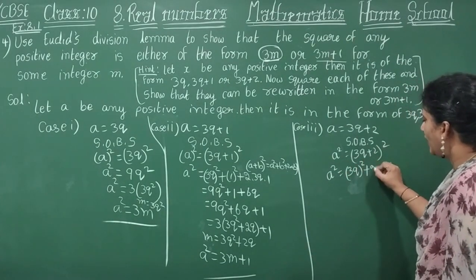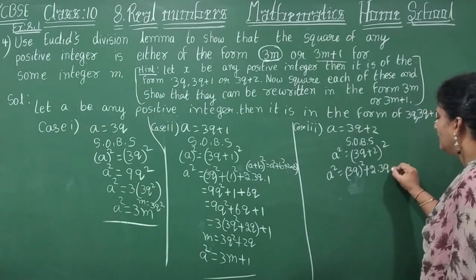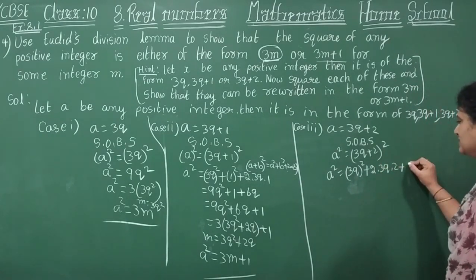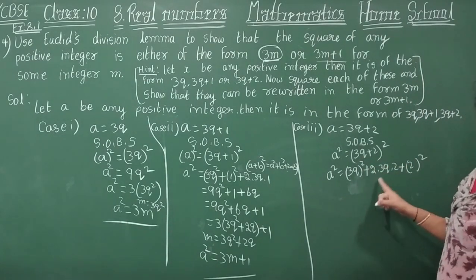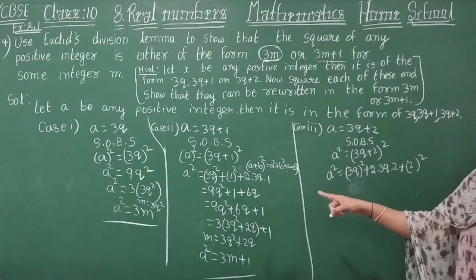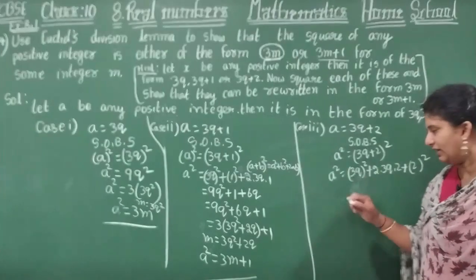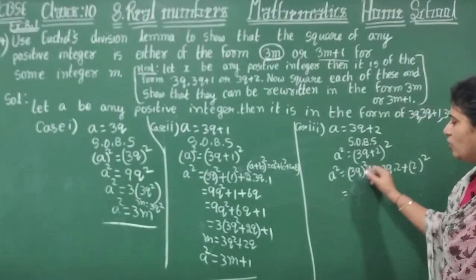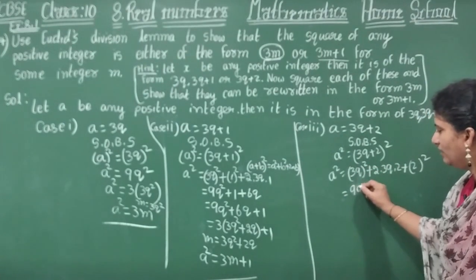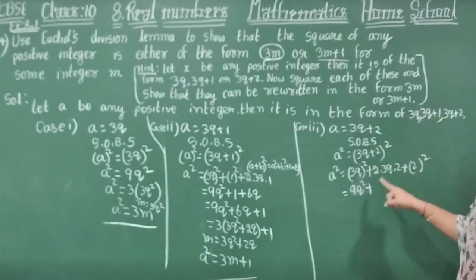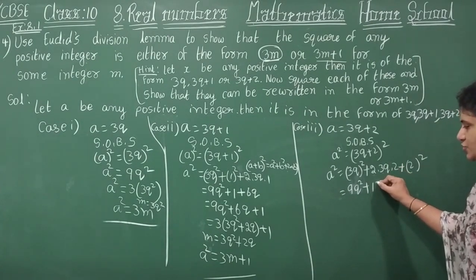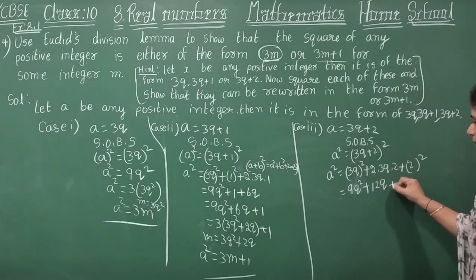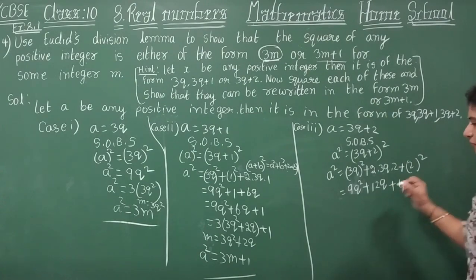A plus B whole square is A square plus 2AB plus B square, or A square plus B square plus 2AB also you can write. So now 3q whole square: 9q square, plus 3 2s are 6, 6 2s are 12q, plus 2 2s are 4.